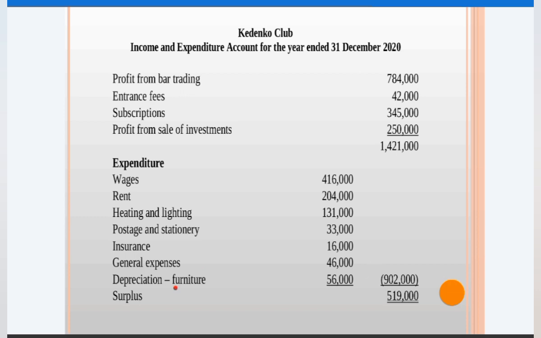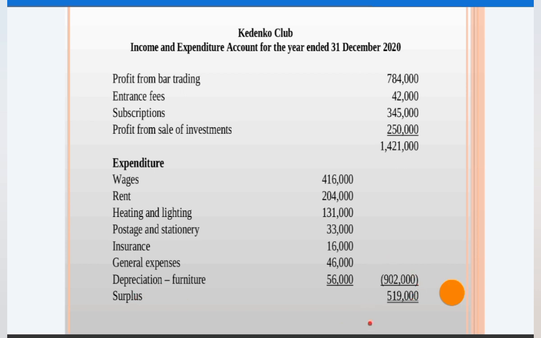Depreciation we computed: the depreciation that runs for the entire year was 300,000 at 20%, we get 30,000. Then we add the additional furniture depreciation, so 520,000 multiplied by 10% to give you 50,000. But since this part of the furniture really existed for 6 months, we multiply by half and we get 26,000. So 26,000 plus 30,000 should give you 56,000, a total of 902,000.